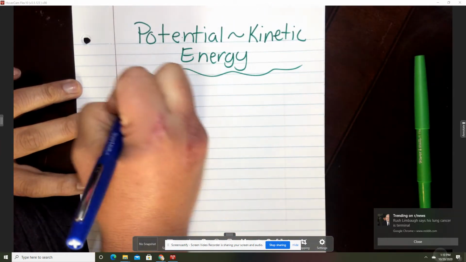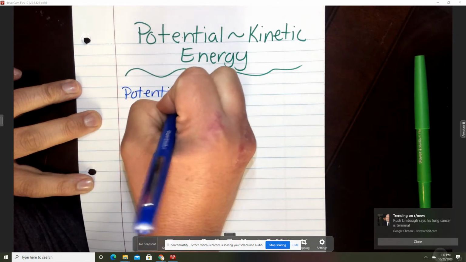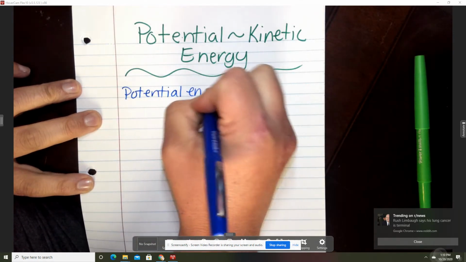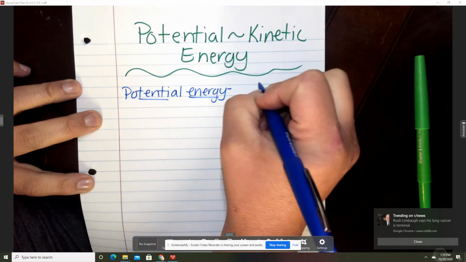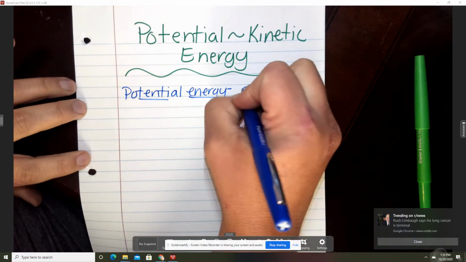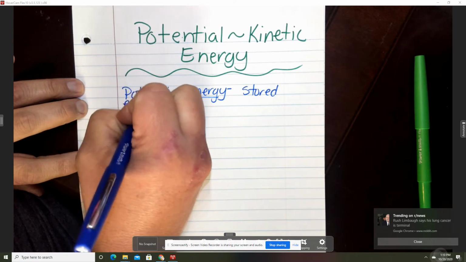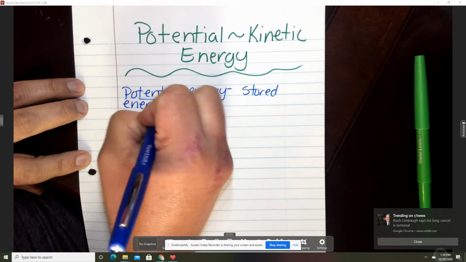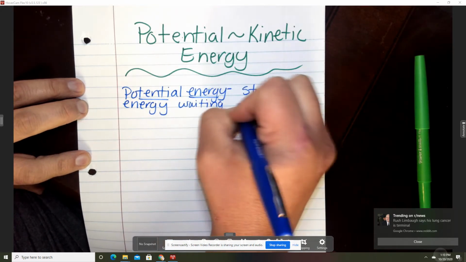So potential energy is stored energy, waiting to work.